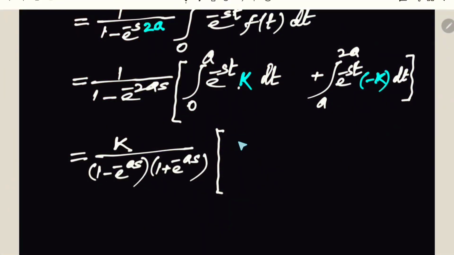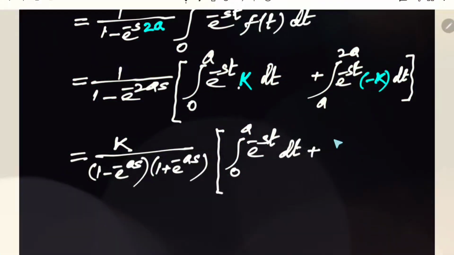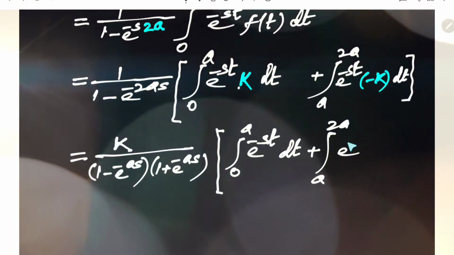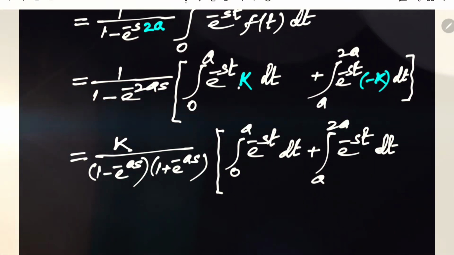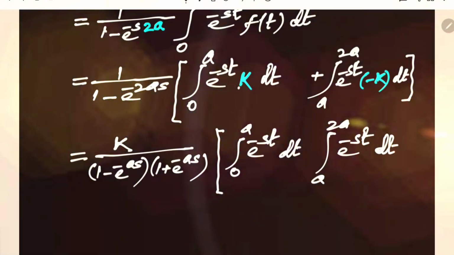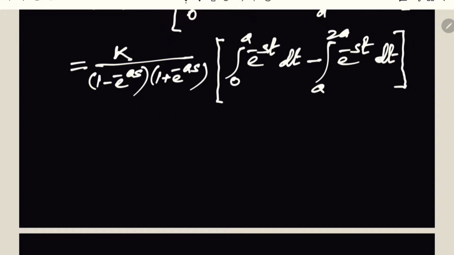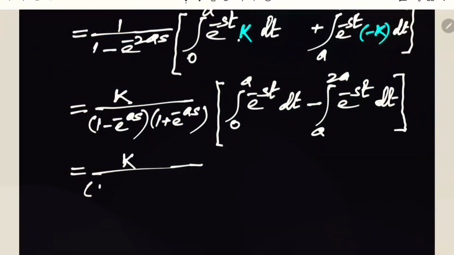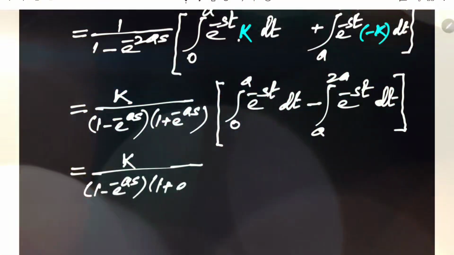The integration of the first term is e raised to minus st dt, and the second one is with minus sign, e raised to minus st dt. The middle sign is minus instead of plus. Then integrating those two terms individually, the other term as it is, no change, k upon 1 minus e raised to minus as, and 1 plus e raised to minus as.